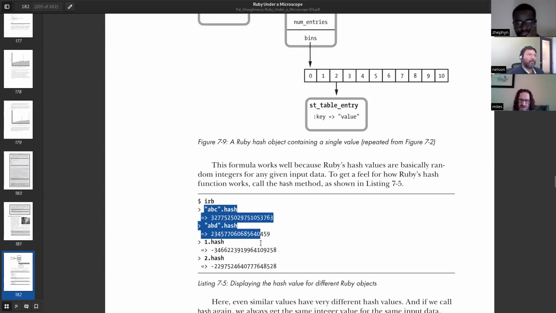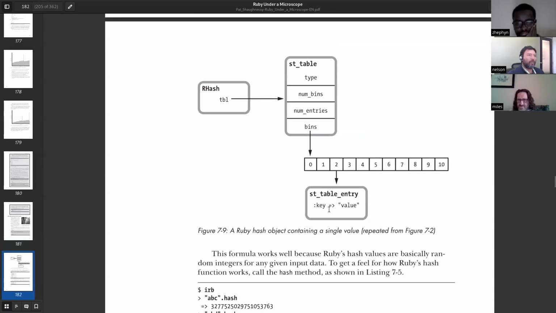Go ahead. I think it's important to note, I don't know if it's here or further on, but implementing the hash function means, when he described it, we're going to take the memory address for this object, mix around the values in that memory address, and that becomes the hash.